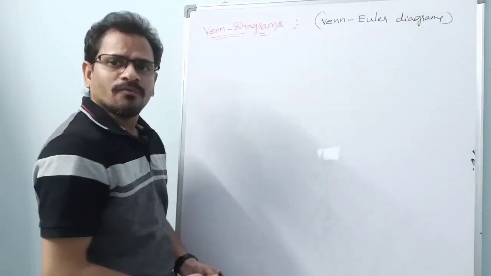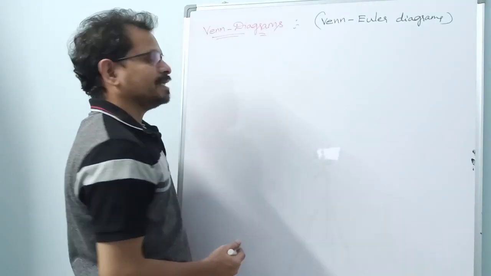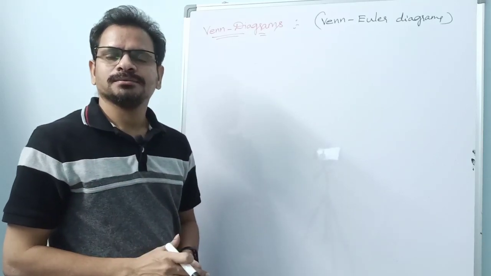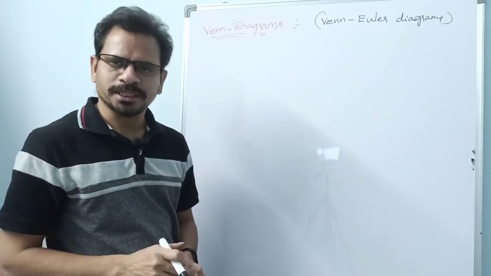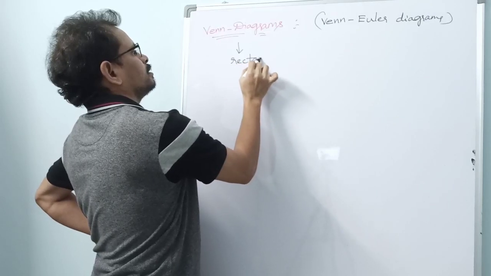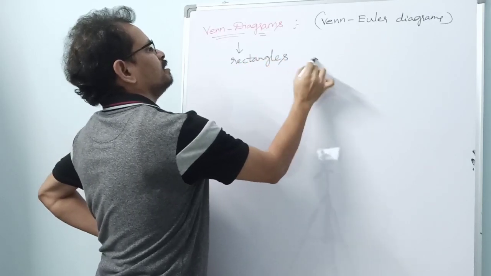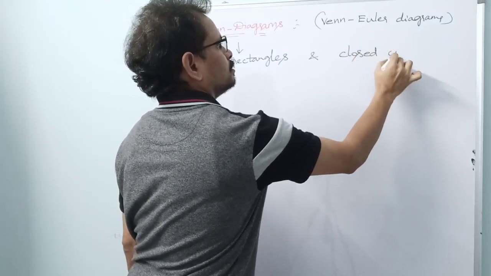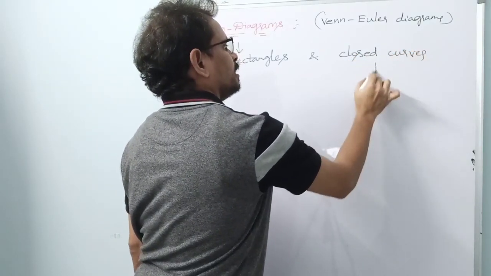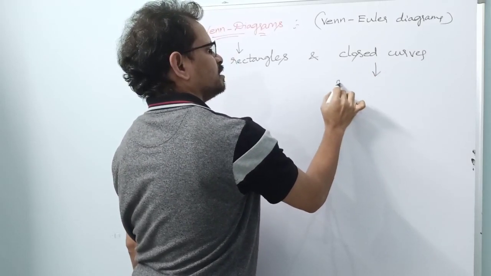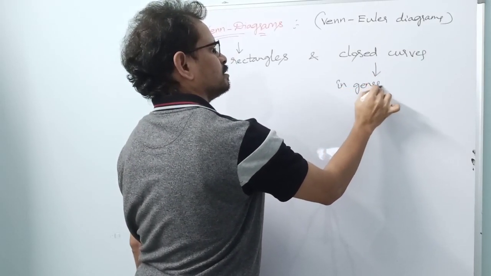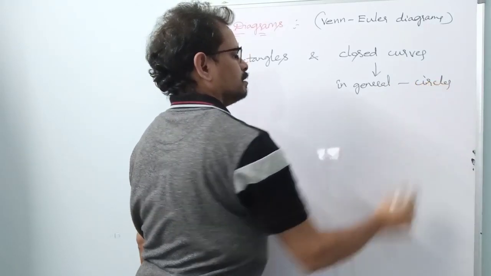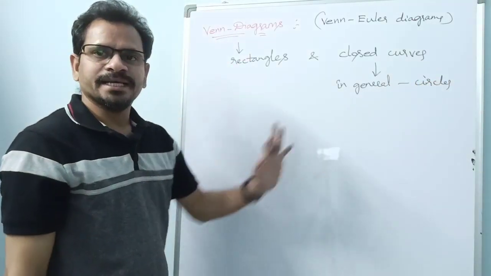Let us check. Venn diagrams are generally rectangles and closed curves. These closed curves in general are circles. Some could be ellipses, but in general it is a circle.